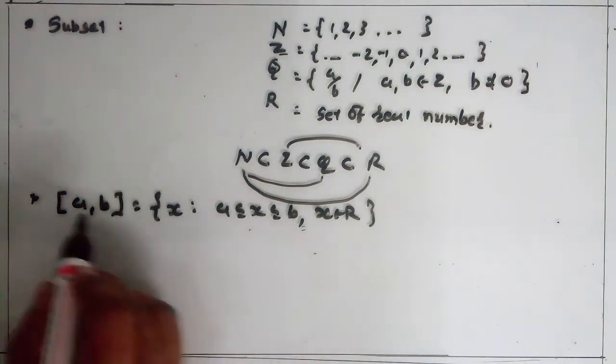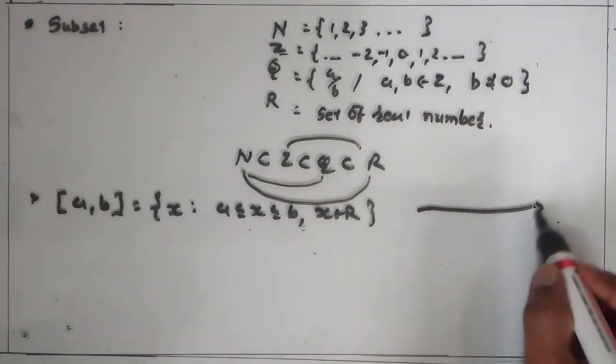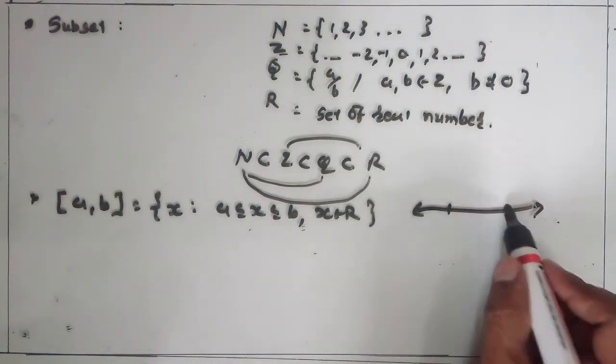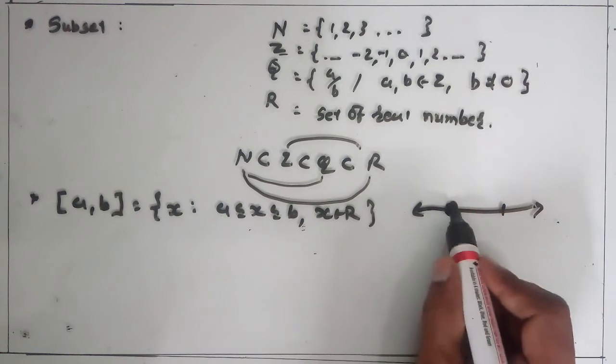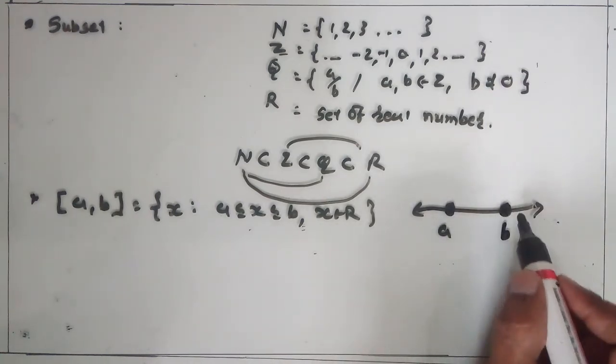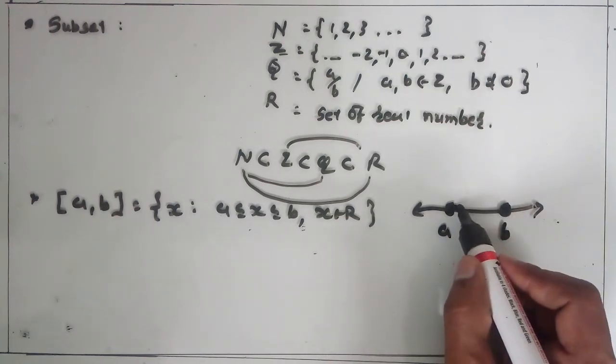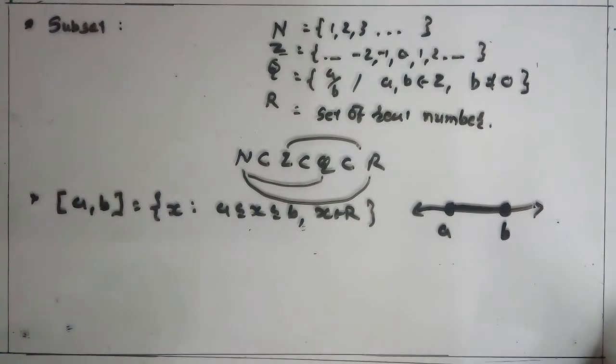This set is called the closed interval [a, b]. The closed interval [a, b] contains its boundary points a and b. So bold at a and b, and all real numbers between a and b.